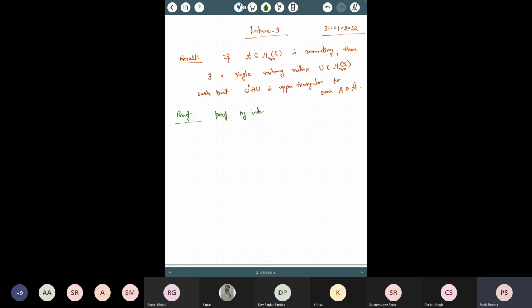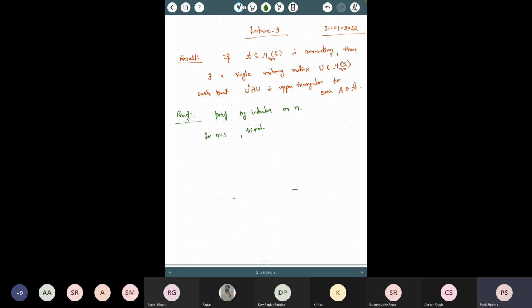Clearly, when n equals 1, this is a trivial case, so there is nothing to prove. If all the matrices are of size 1 cross 1, then by definition all the matrices are upper triangular, and therefore you can take U as the identity, and that is fine.